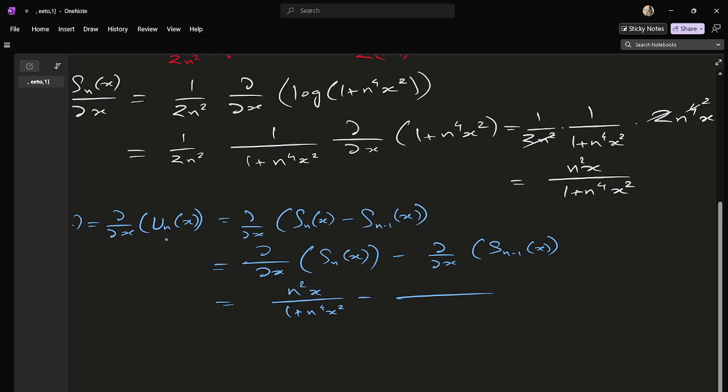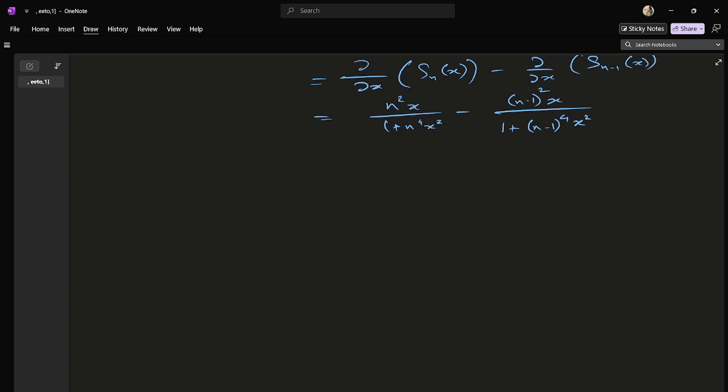In this case, n minus 1 will be put in the position of n, and it will be this. Then we have to check for uniform convergence of the derivative series.